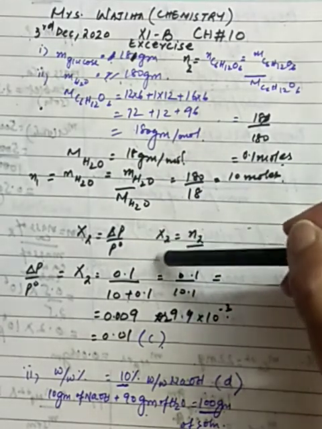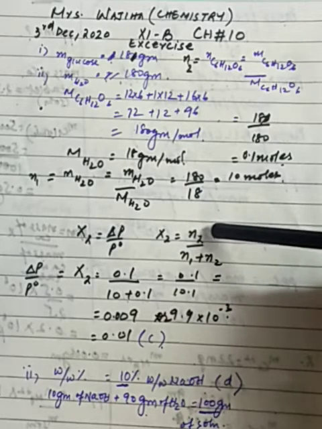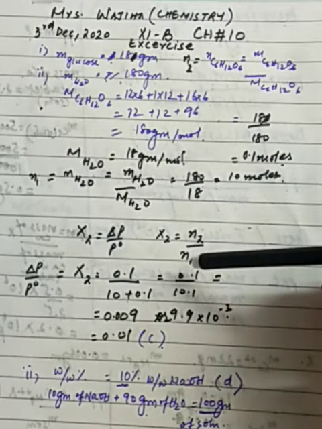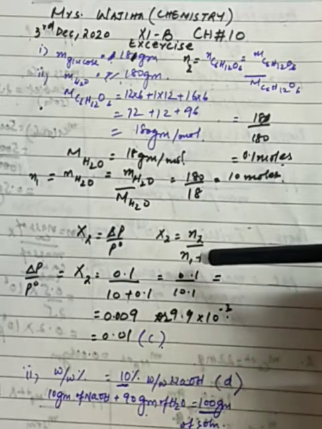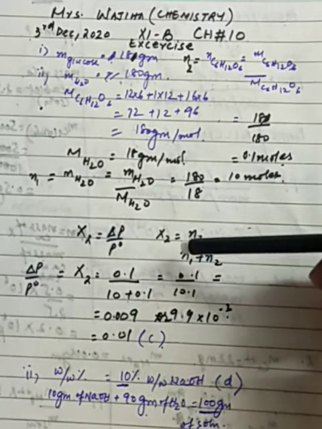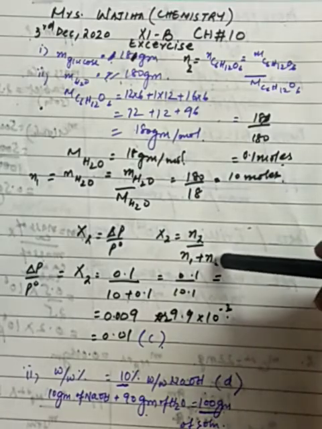Mole fraction of the solute X2 is equal to number of moles of solute divided by total number of moles of solvent and the number of moles of solute. We take the summation of number of moles of solvent and solute.